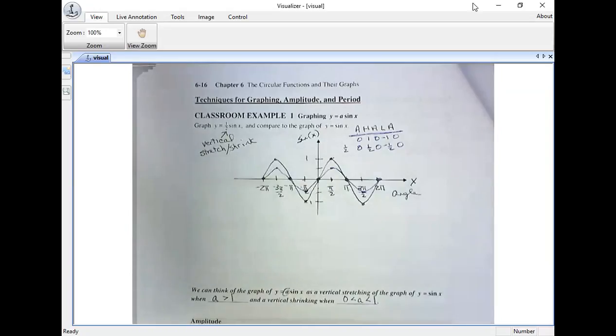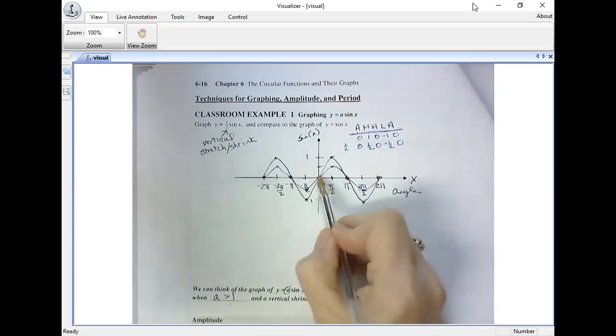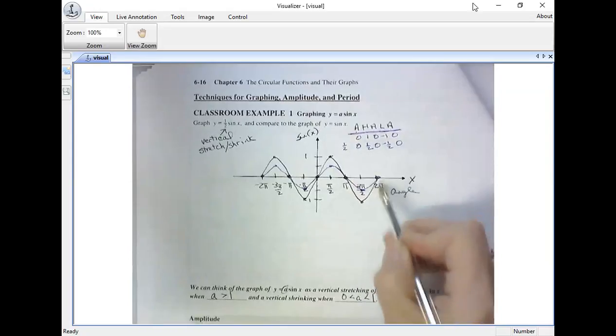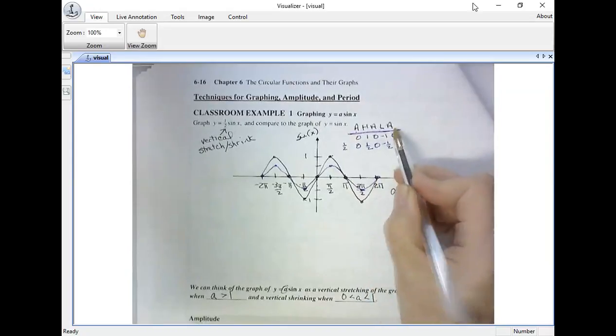What's the normal period for a sine function? And by that, I mean one complete cycle is how long? 2 pi radians, right? So it starts at 0 on an axis and ends at 2 pi on an axis.